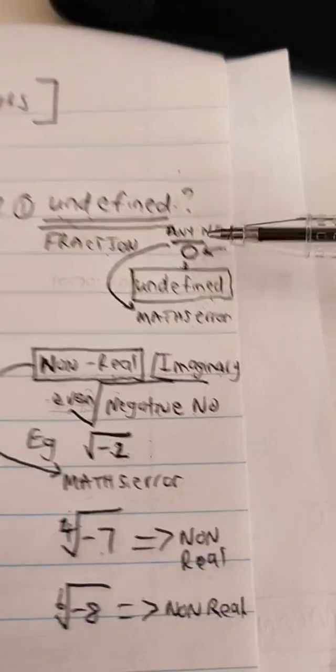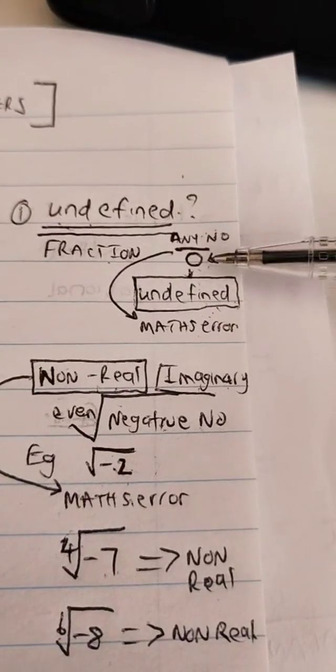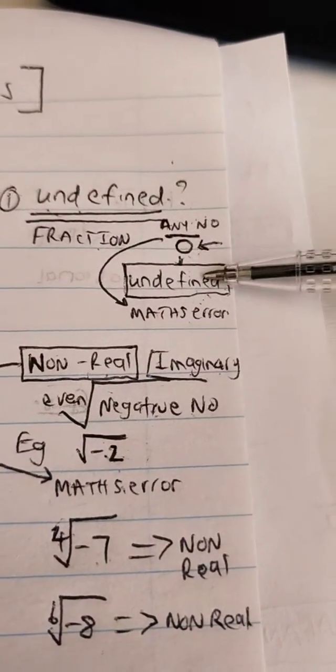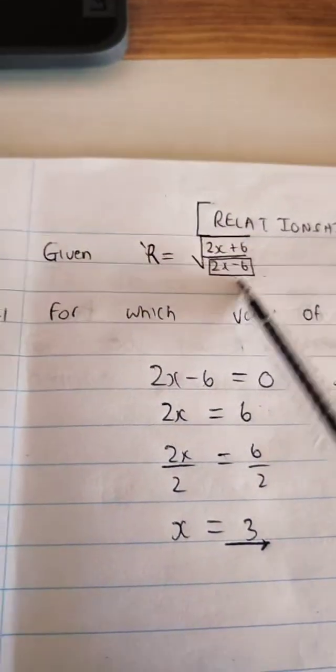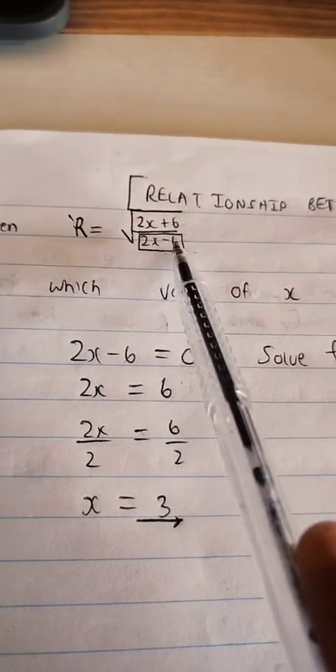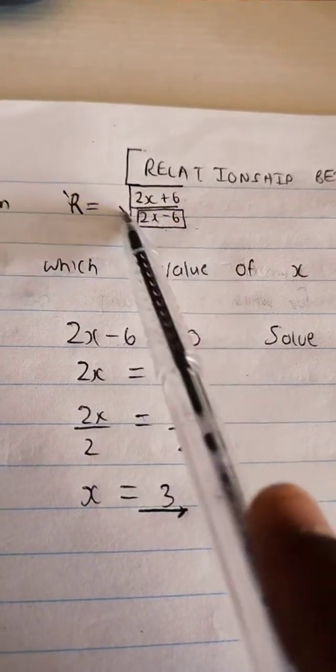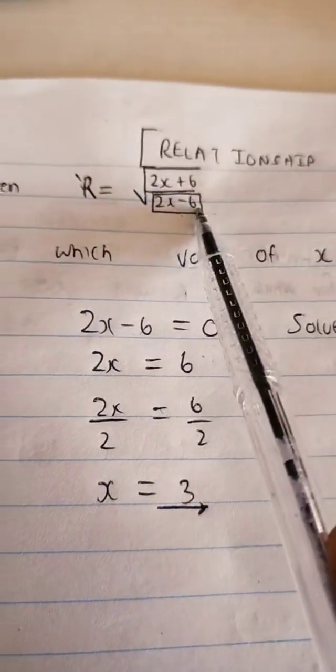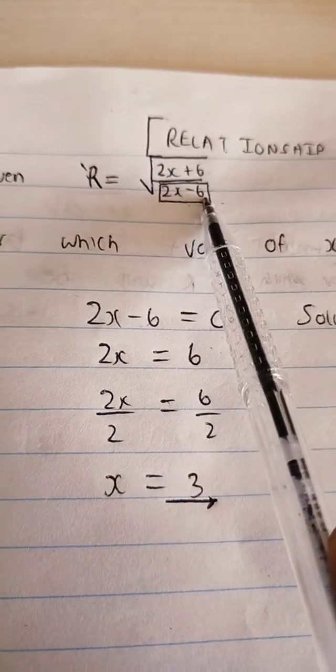Okay, any number divided by 0 means what? Undefined. That's what undefined means, which is why with this particular question, what did we do? We took what is in the numerator, the expression 2x minus 6, and we took what is in the denominator, 2x minus 6.